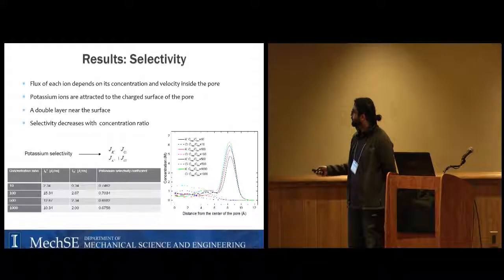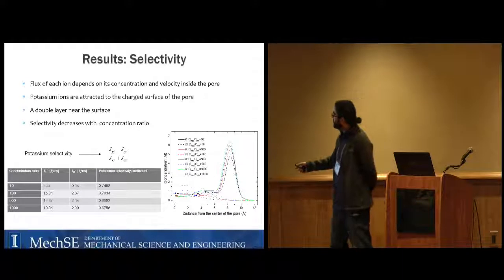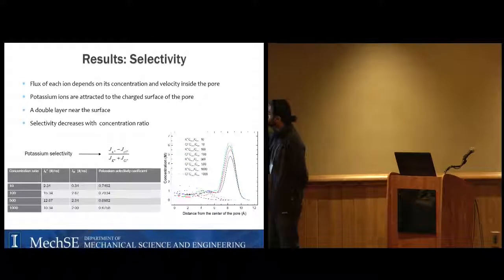We can also see the same thing if we plot the concentration, in molar, as a function of the distance from the center of the pore. Here is the wall of the nanopore, and here in the middle is the centroid.